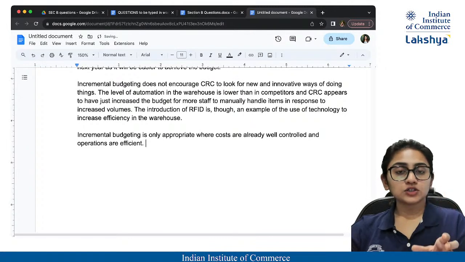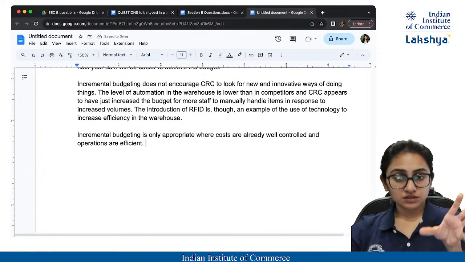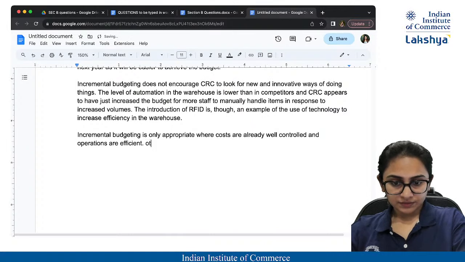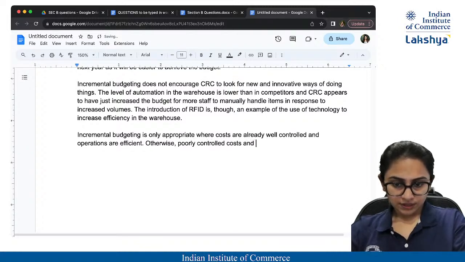Where you have well controlled costs, so that even after adding it every year, it is still in control. Otherwise, poorly controlled cost and inefficiencies are just incorporated into the next period's budget.